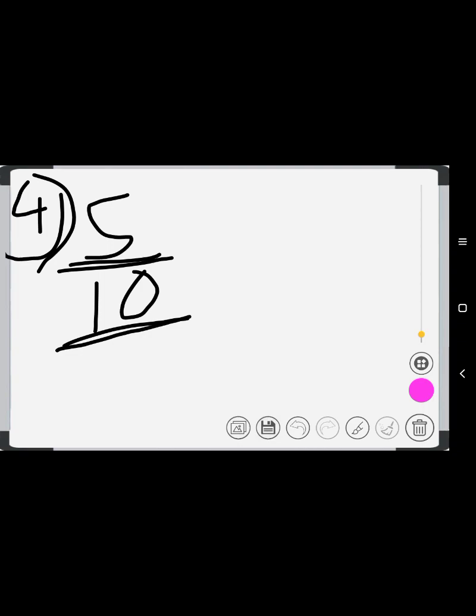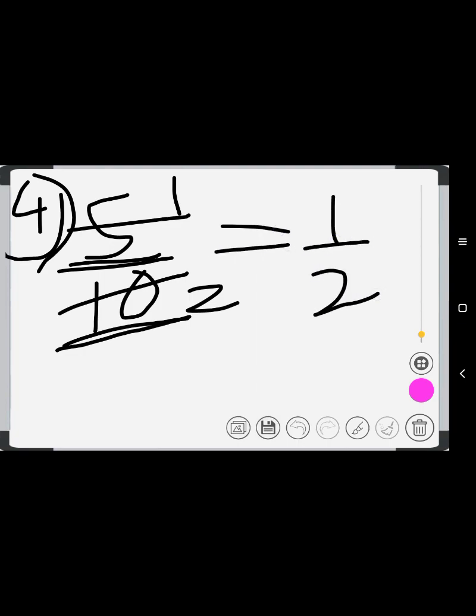As you remember the example I showed you before, no, we don't involve that in it. And now 5 into 5, 1. 5 into 10 goes 2 times. That will be equal to a half.